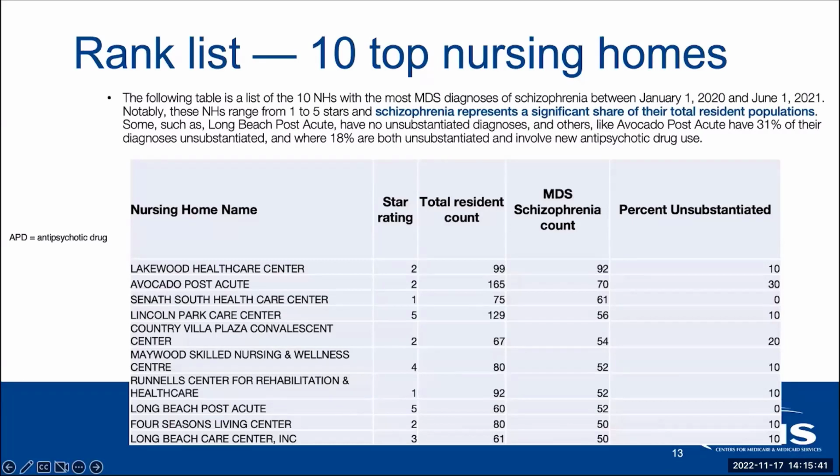Again, unsubstantiated means there wasn't evidence in the last 5 years of a Part A or B Medicare claim with that diagnosis of schizophrenia, schizophreniform, or schizoaffective that would have been positively indicated in MDS assessments.